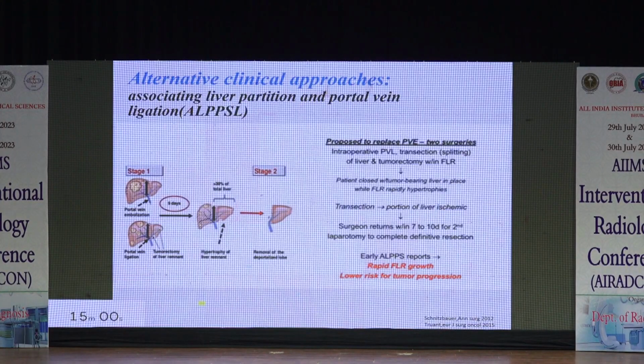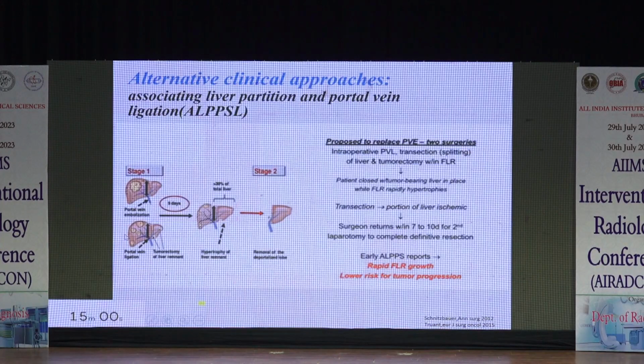In ALPPS, after ligating the right portal vein intraoperatively, we transect the liver as well. So the minute portal venous connections between the left and right lobe are also taken care of, so that the blood flowing from the main portal vein to the left portal vein doesn't come to the right side at all.